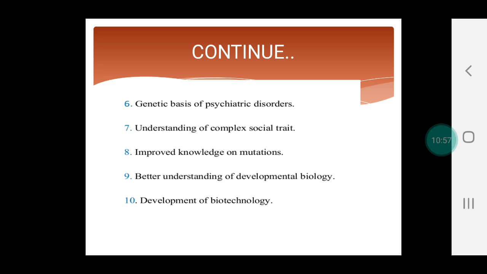Mutations are sudden changes in the genetic sequence of an individual, and these mutations can be because of physical mutagens or maybe because of chemical mutagens. And why these mutations occur, or what type of mutations are causing which diseases, their knowledge needs to be improved, and genomics helps in this.